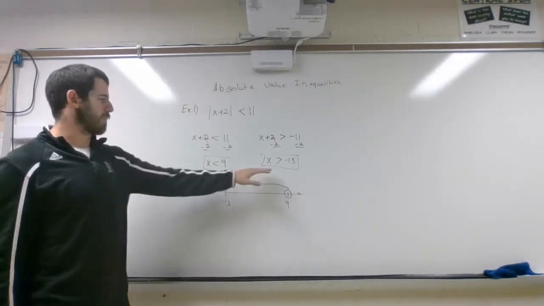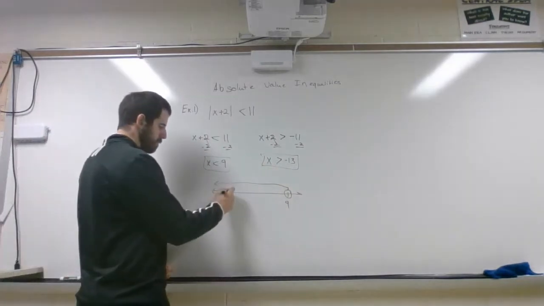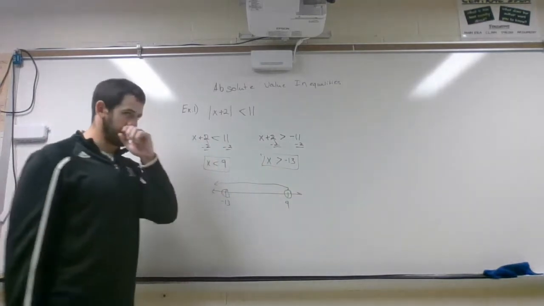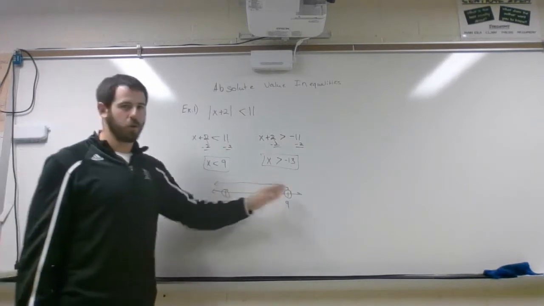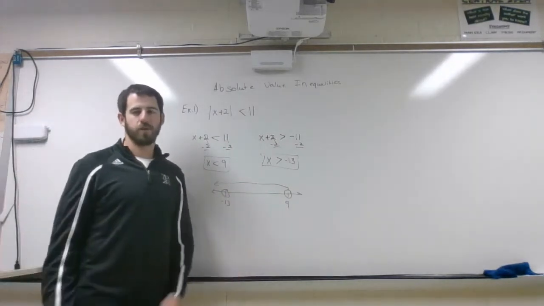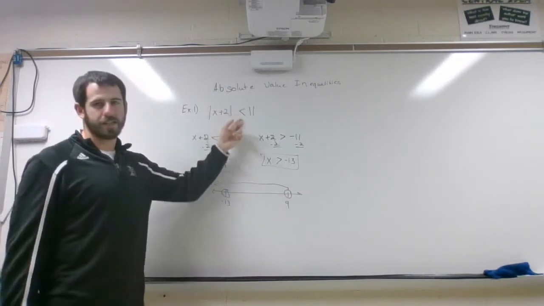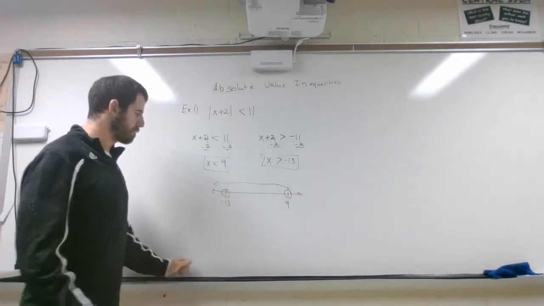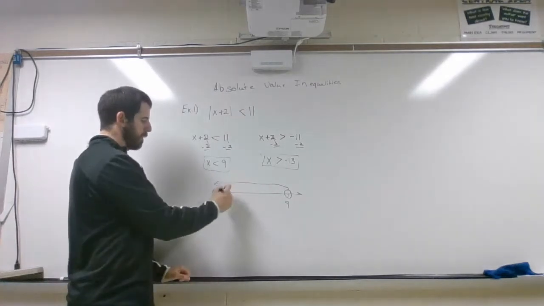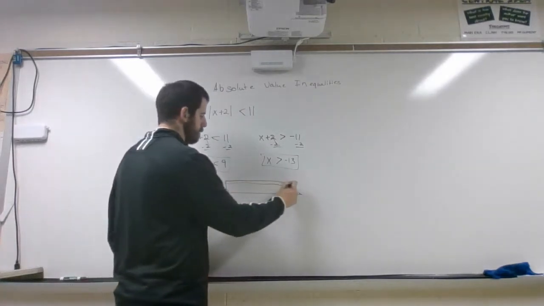And then I do the same thing for this. Open circle again, which, by the way, whenever you're doing the absolute value, they're either going to be both open or both closed. You're not going to have one closed and one open because you're not adding the equal sign to it. Then here we have greater than, so this one's going to go to the right.